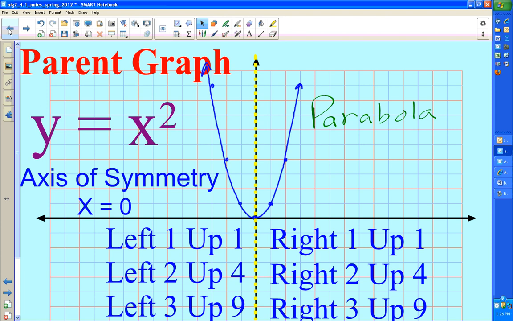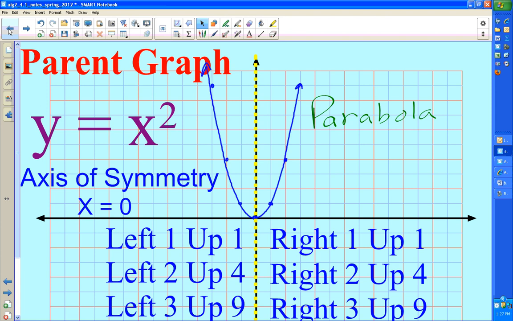What point on the graph does it always go through? In the parent graph, it'll be the origin. What point is this? Yeah, that's on this graph. What's it called on a parabola?